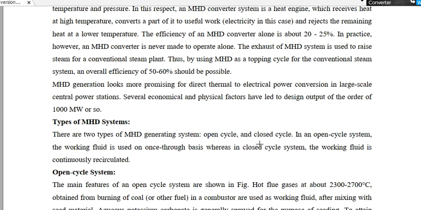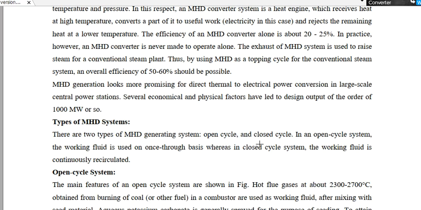So, as the name suggests, in an open cycle system, the working fluid is used on a once-through basis, whereas in a closed cycle system, the working fluid is continuously recirculated. So, basically, it depends on what type of working fluid we are using.